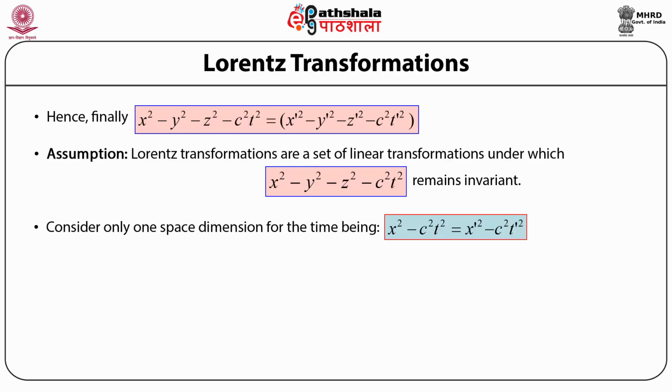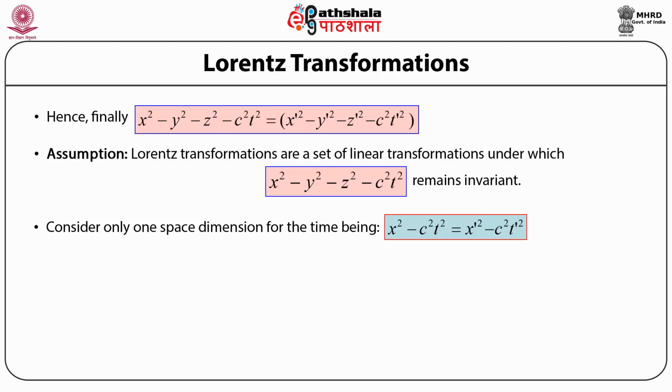Here another important point that we need to note is that while going from one frame of reference to the other, we have taken the transformation of the x-axis going from x to x′, the y-axis going from y to y′, the z-coordinate from z to z′, and the time coordinate from t to t′. However, the speed of light c is again invariant under such transformations. So that is another important thing that you need to keep in mind.